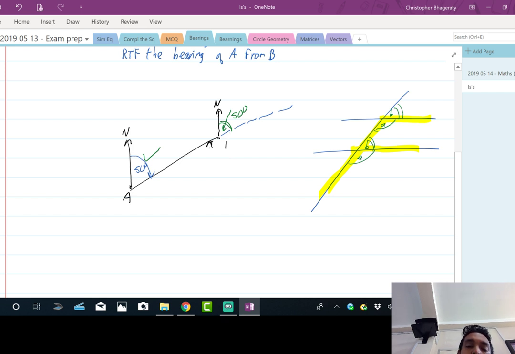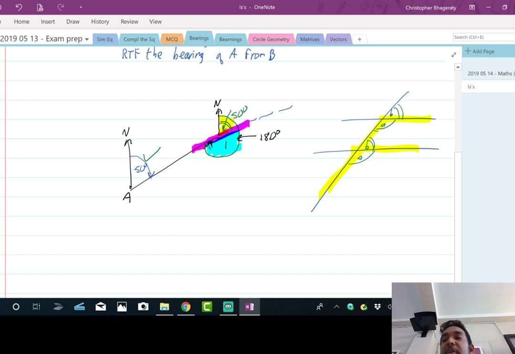Now, remember, what is a bearing? The bearing is the angle between the north line at the start point and the line connecting both points. So what we've done is we've broken up that big angle into two pieces. We have the yellow piece on top, which is the 50 degrees, and then we have this blue piece below here. Now that blue piece actually lies on what kind of line? A straight line joining the 2 points. And what is the angle on a straight line? 180 degrees.